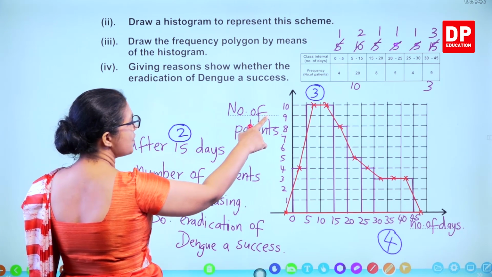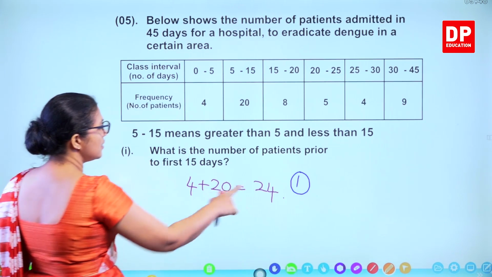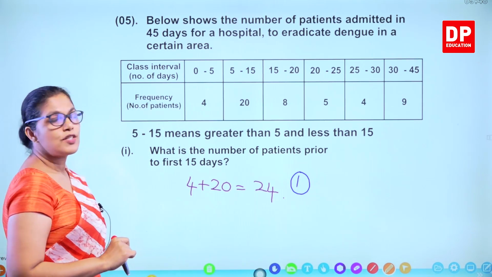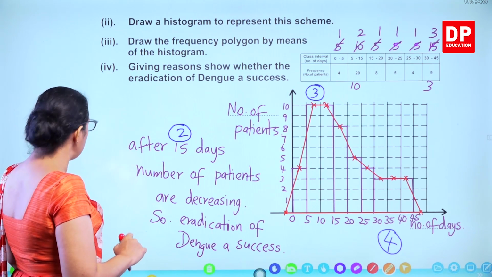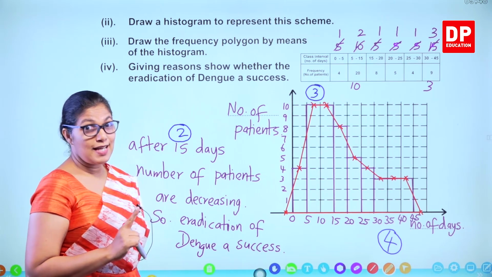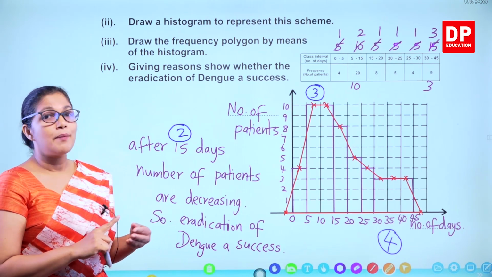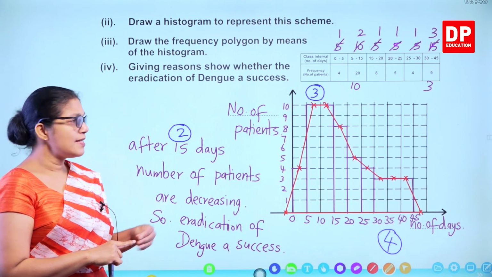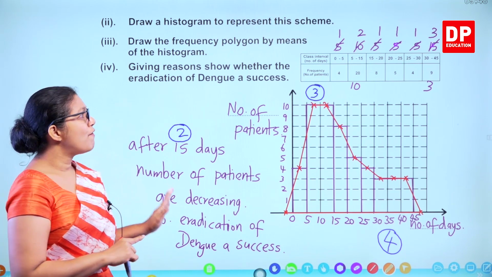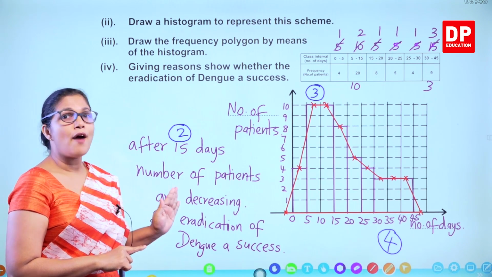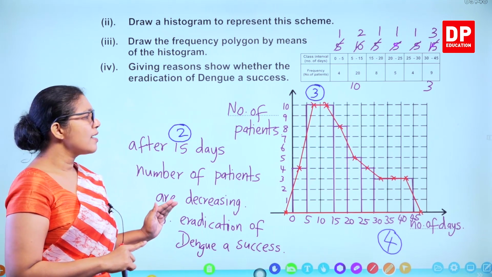So 4 plus 3 is 7, 9, and 1 mark for this one. So 10 altogether. So we completed all questions in paper 1. Paper 1 part A has 25 questions and paper 1 part B has 5 questions you have to do. You can't skip those questions. Those are compulsory.